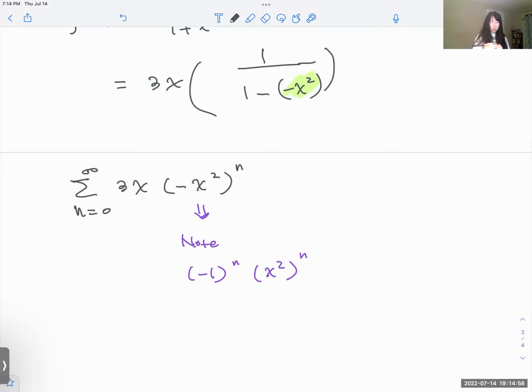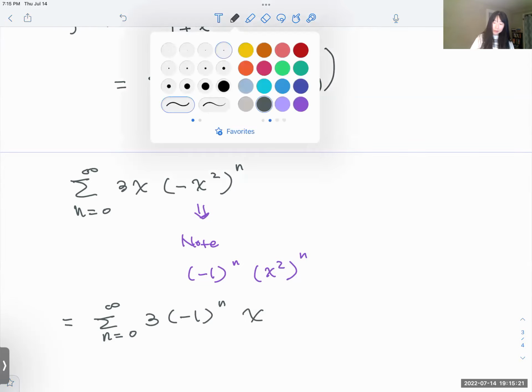So look, this one will be the series from n starting at 0 to infinity, 3, negative 1 to the n power, and x. We multiply, what do you get? 2n, right? So we get 2n.